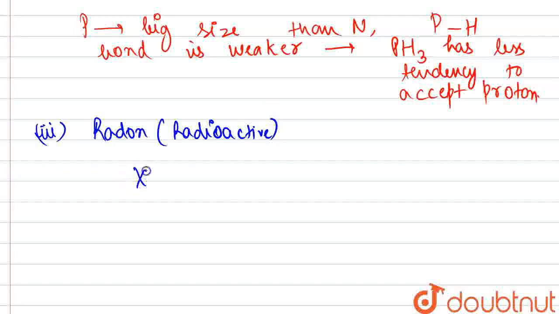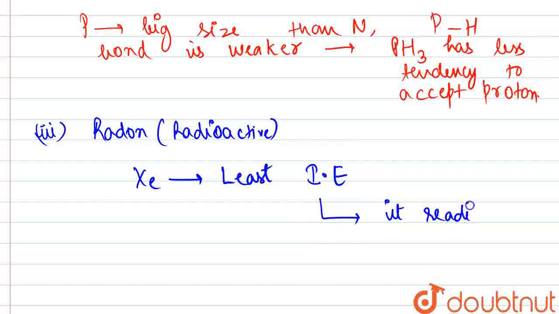But if we talk about xenon, it has the least ionization energy. We are again ignoring radon because of radioactivity. So apart from that, xenon is known to have the least ionization energy among all the noble gases. So because of this, it readily forms chemical compounds.